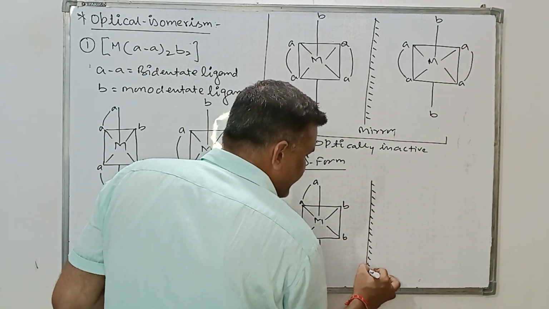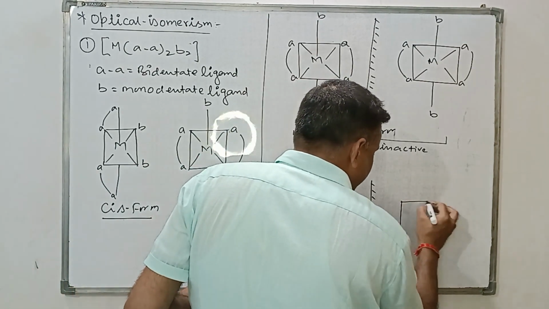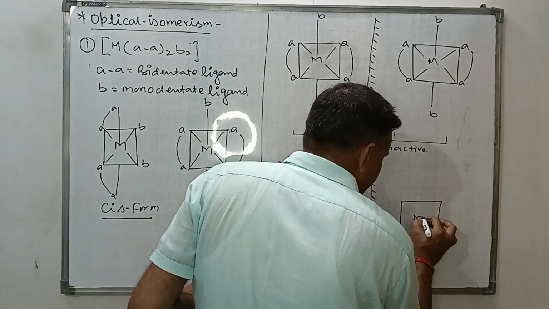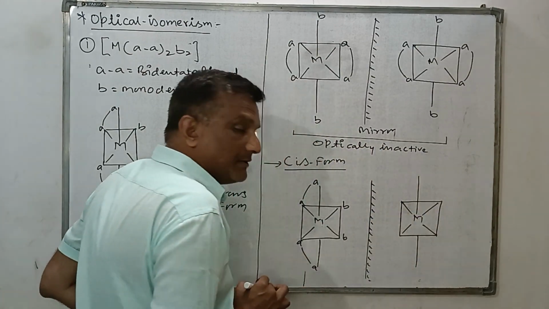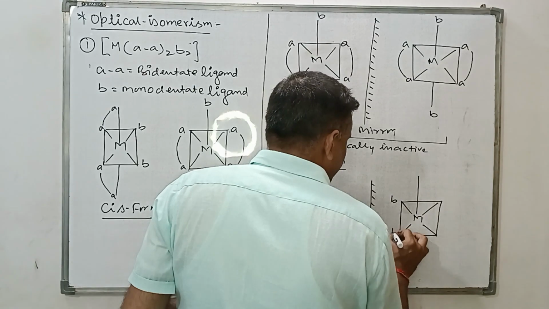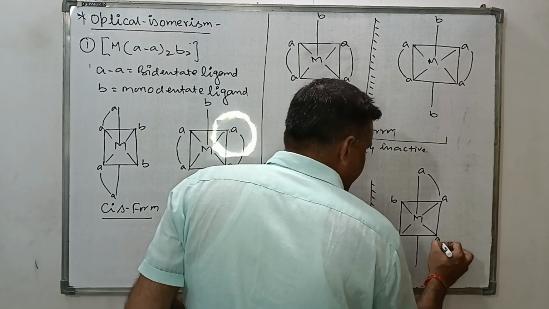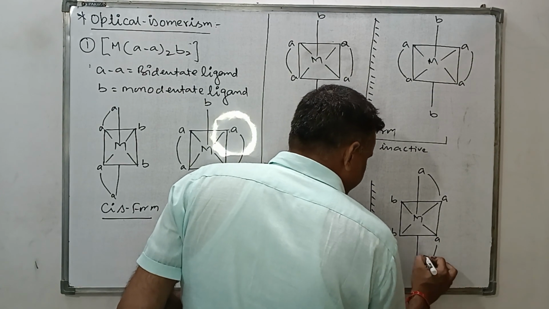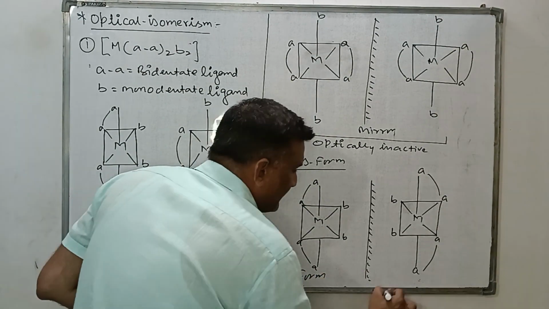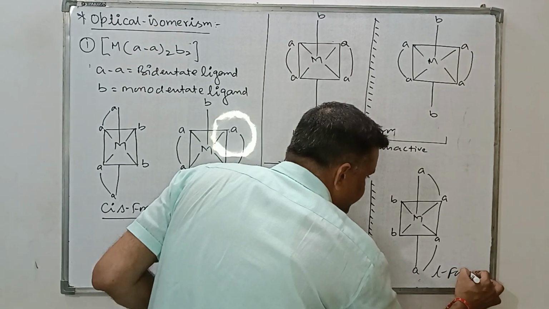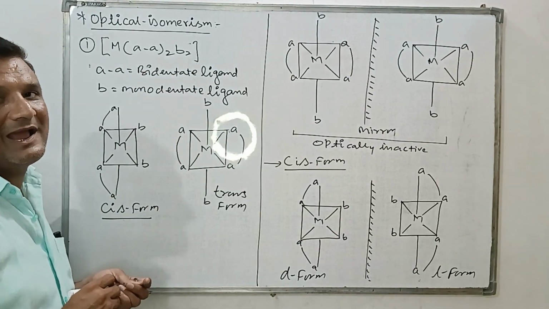This is the square, this is M, with above the plane and below the plane, B and B. This is the A and A ligand. This is the D form, and this will be the L form. That means this is the plus form and this is the minus form. So this was regarding the first formula, MAA2B2.